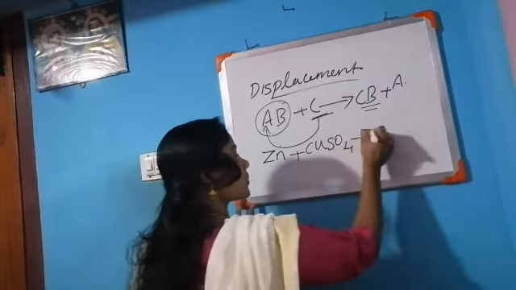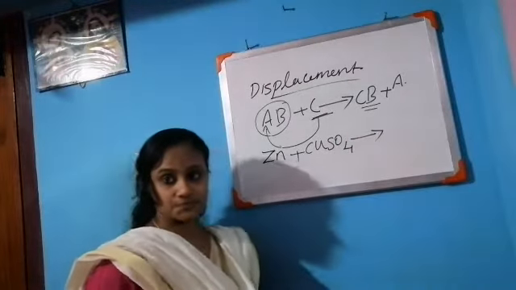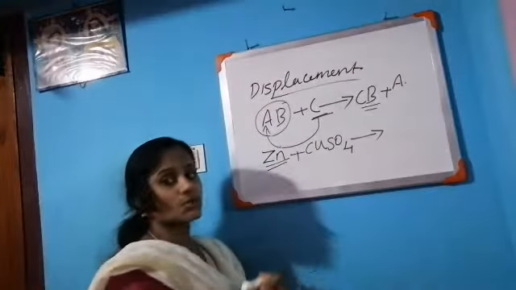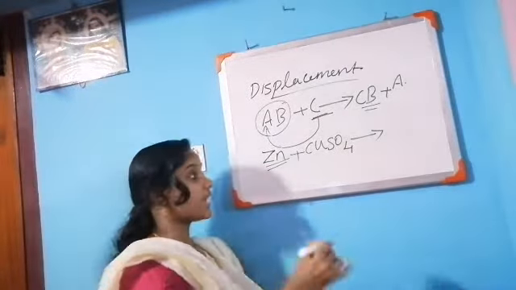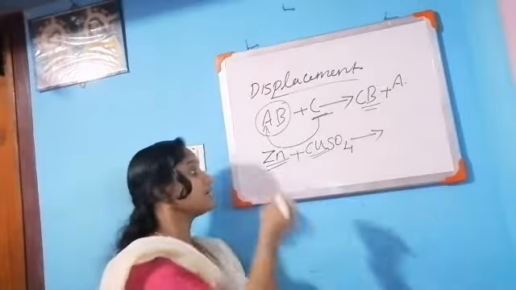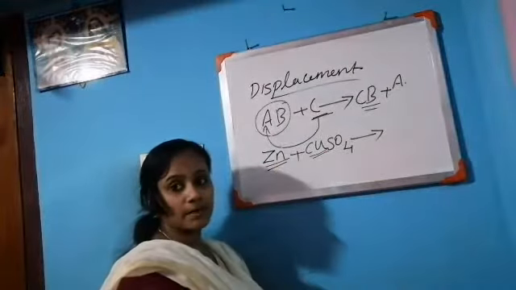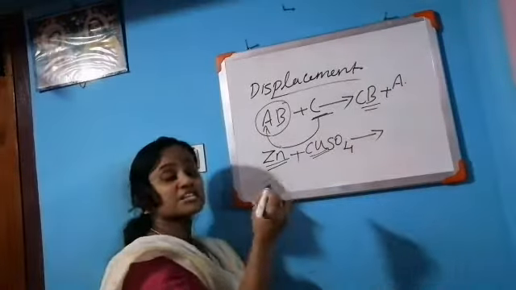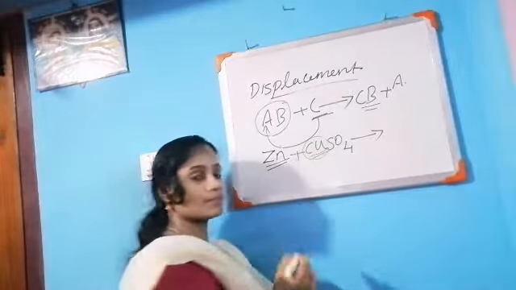Zinc reacts with copper sulfate. Here zinc is a more reactive element than copper. Chemically, zinc is more reactive than copper. So this most reactive element, zinc, displaces the copper.